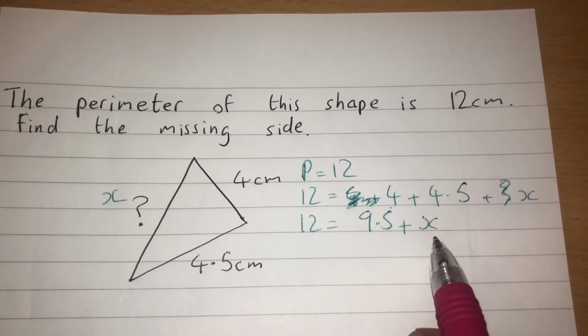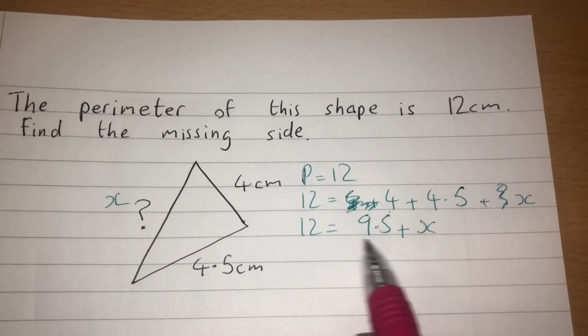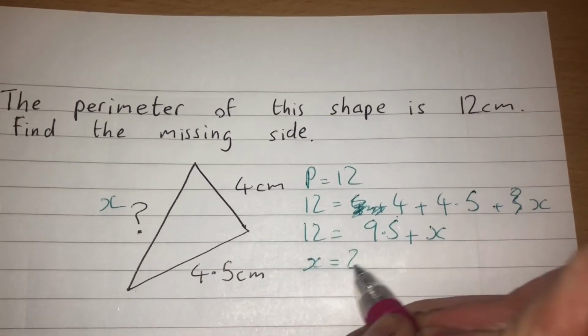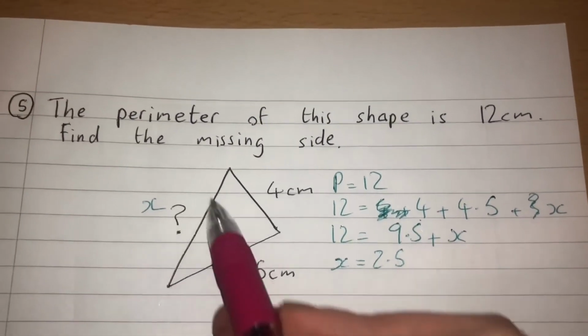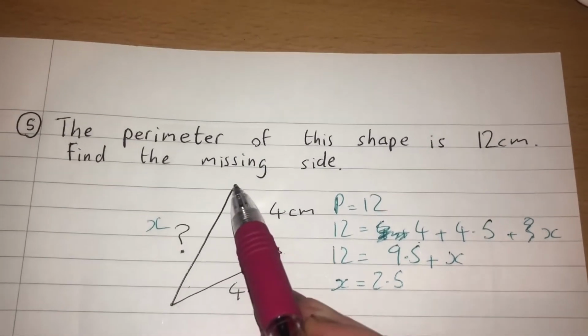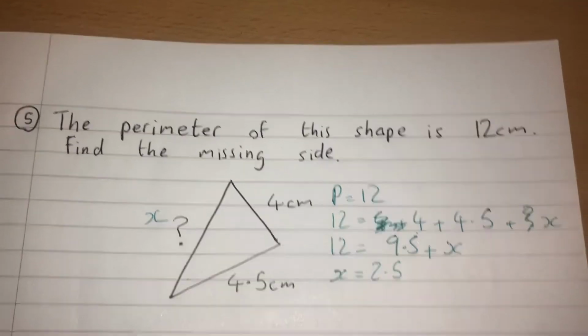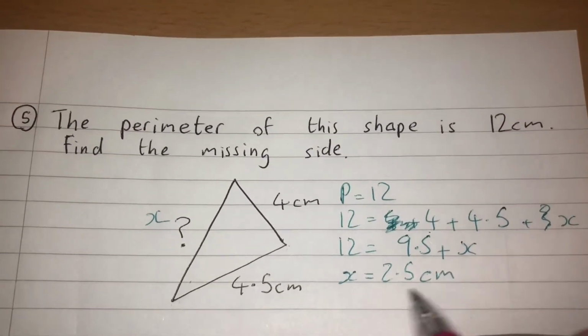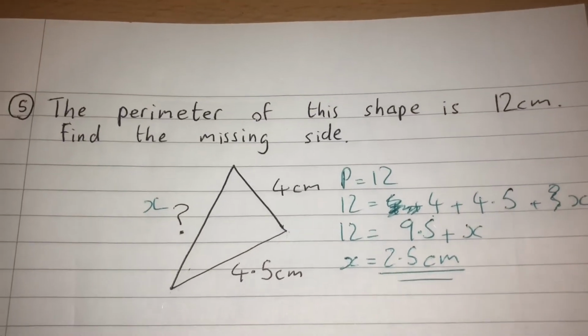I want to get x on its own, so I take away this 9.5, but I have to take away from this side as well. Well, the only thing x can be is 2.5, and that would work if you were to check your answer. 2.5 plus 4.5 plus 4 will give me 12. And just remember that this side is 2.5 centimeters. The centimeter again is important when we're dealing with something like this.